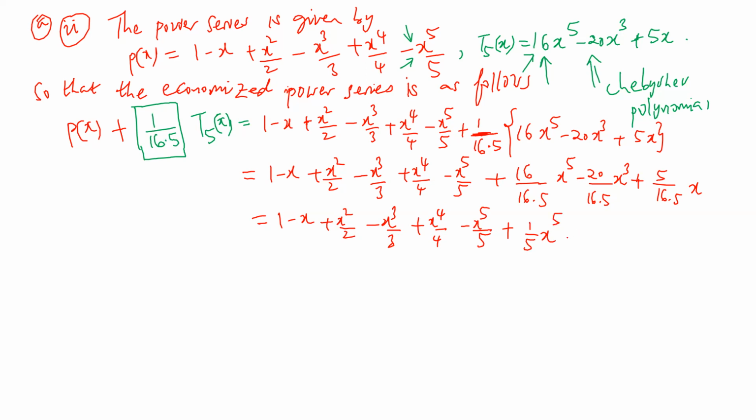At this point, we simplify this. 5 goes how many times into 20? It goes 4 times. But now 4 goes how many times into 16? It goes 4 times. So this is the same as x cubed over 4, plus the 5 divides and we have 1 over 16x.